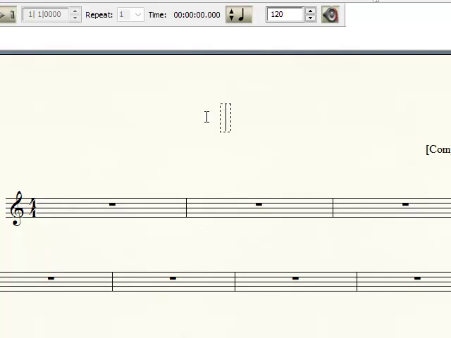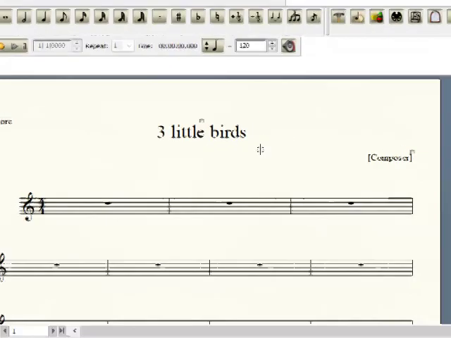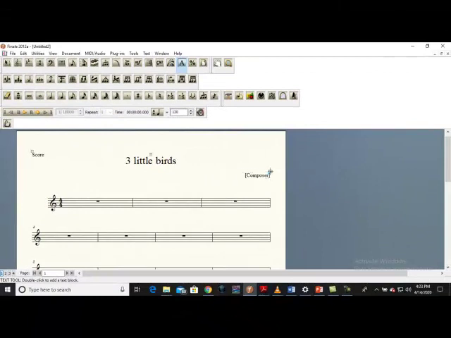So I'm going to name my melody 3 Little Birds. So that is it, written by blah blah blah. Right, so you have that down.